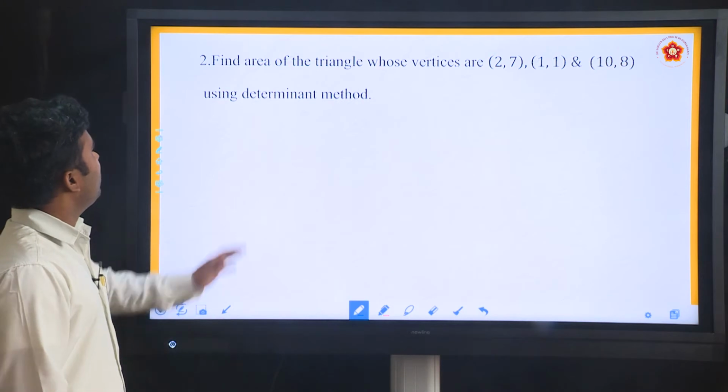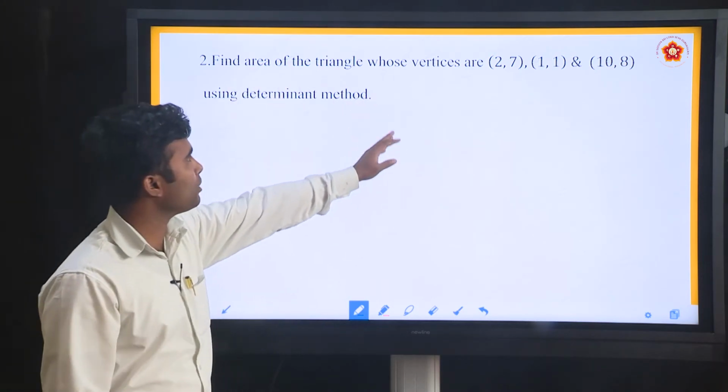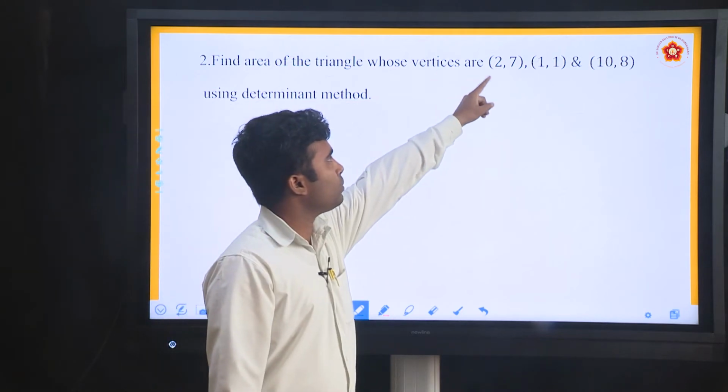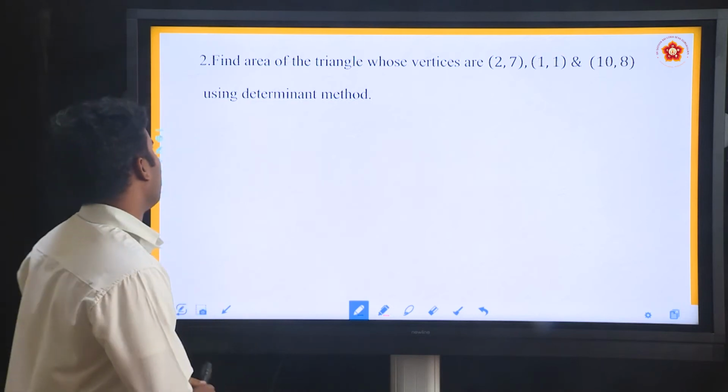Here also we have to find the area of a triangle using vertices 2, 7; 1, 1; and 10, 8. Okay.